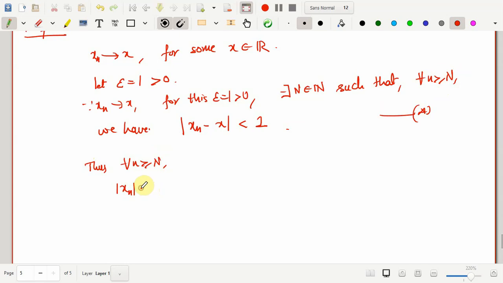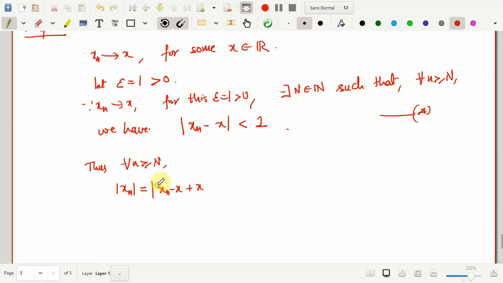Now again, I can balance this by this x. So just look at the trick I'm applying over here. I'll write this as xn minus x plus x, so that I get the bound for the sequence xn.